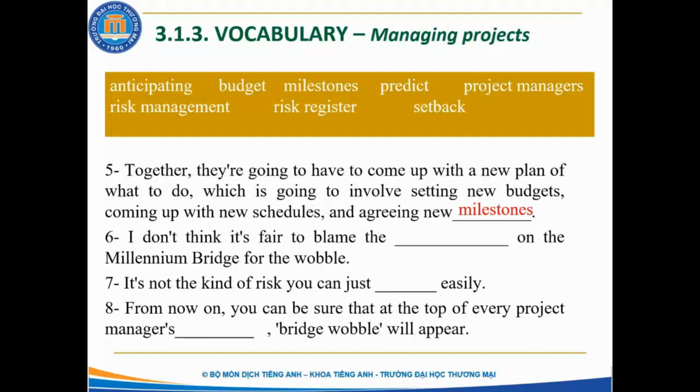And number 6, I don't think it's fair to blame the project managers, right? Number 7, it's not the kind of risk you can just predict easily. And number 8, the last one, it should be risk register, right? Have you completed all the sentences correctly? Okay, well done.